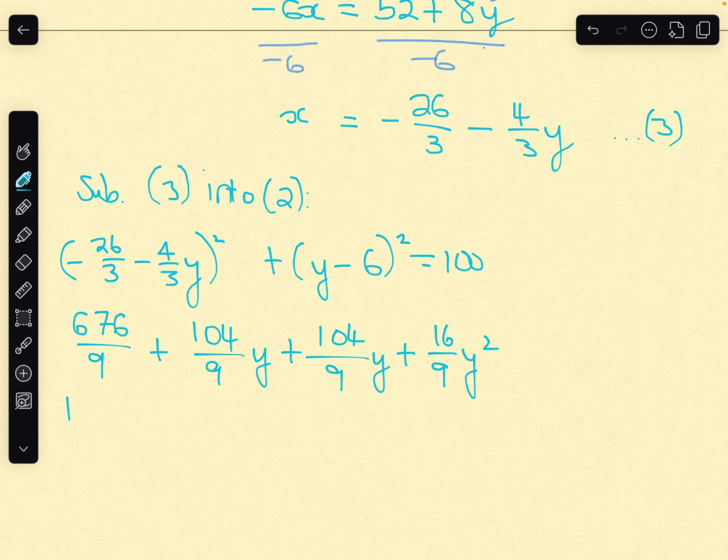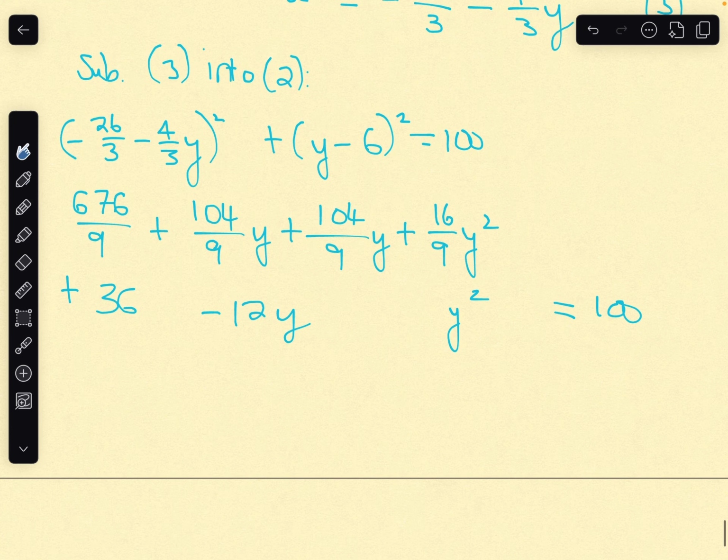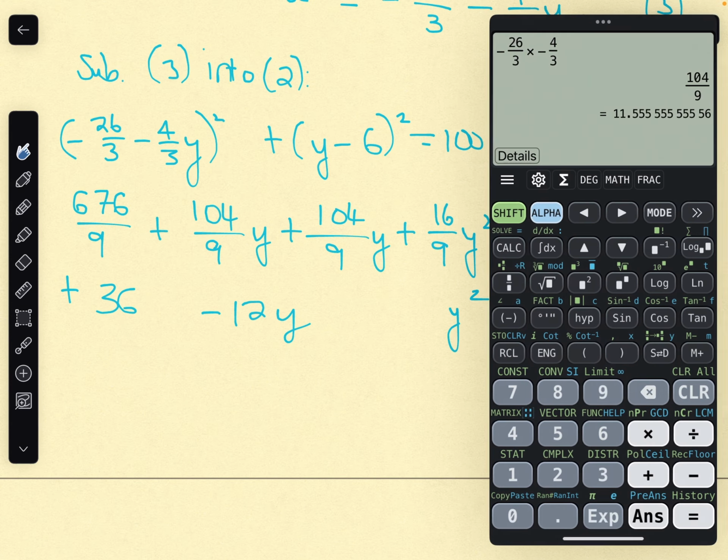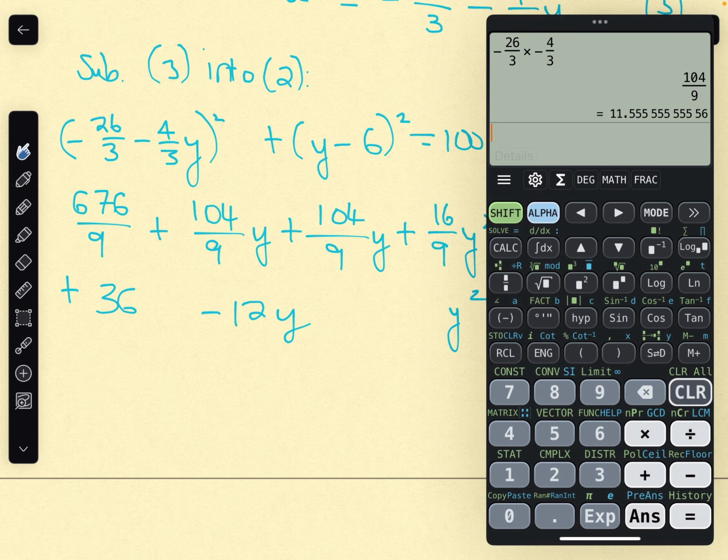And then we've got y times y, minus 6y minus 6y, so that will be minus 12y, and then minus 6 times minus 6 will be positive 36, and all of that is equal to 100, right? So let's add up our like terms. You see I've lined them up nicely for us.